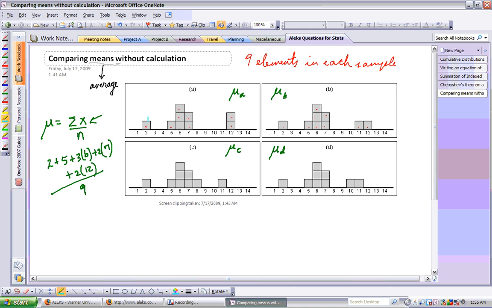What I notice is that all of them have a little square over to the left. All of them have this person number 2 in them, or this kid who's 2 years old. Maybe this is a sample of neighborhoods and the number of children in them. Who knows?